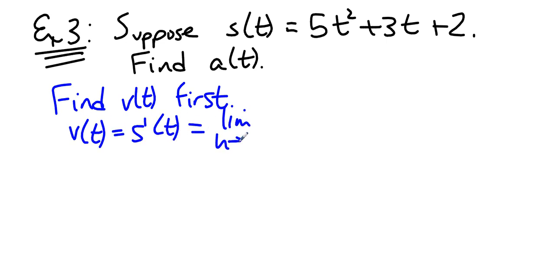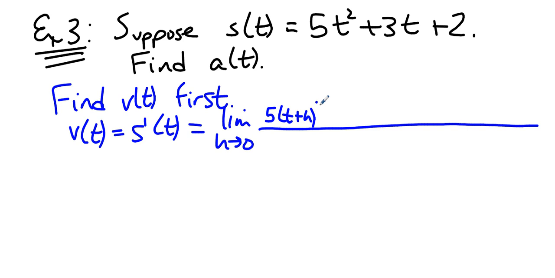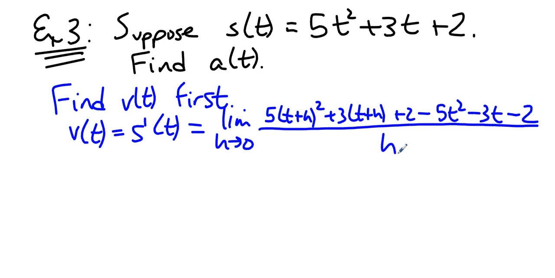That's a limit as h approaches 0 of our function at t plus h minus our function at t. Remember, everybody gets subtracted over h. And I'm going to let you do the algebra on that to confirm that you do in fact get 10t plus 3. You should confirm the algebra for that.